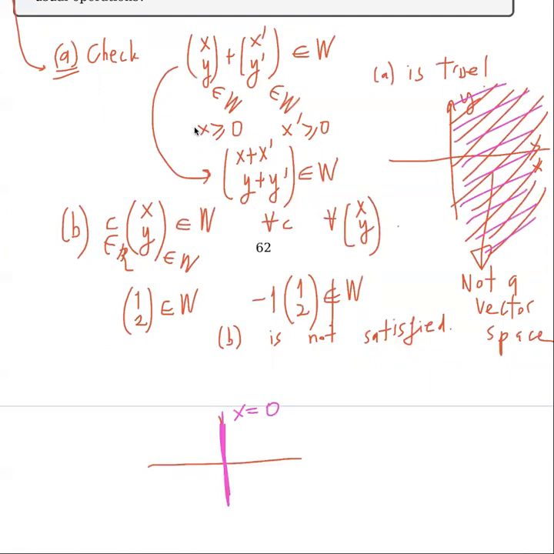In Rn, lines passing through the origin will be vector spaces, and planes passing through the origin will be vector spaces. But such regions will not be vector spaces. For example, such a region cannot be a vector space in R2, because if you take two vectors here and add them, the result will move out of this bounded region.